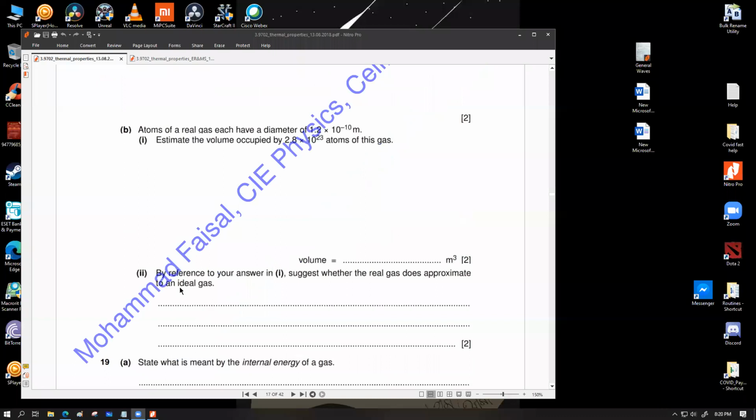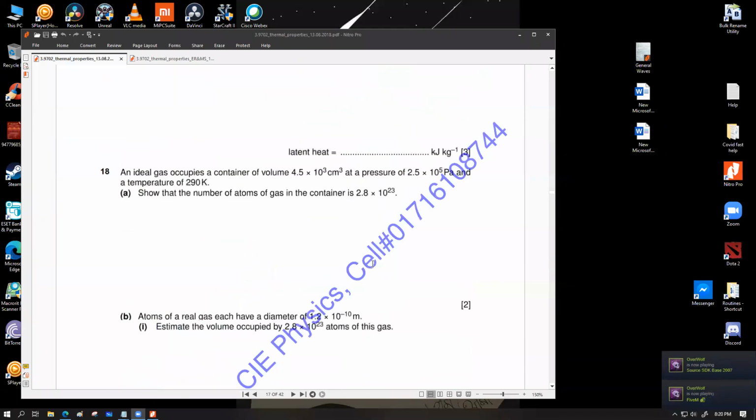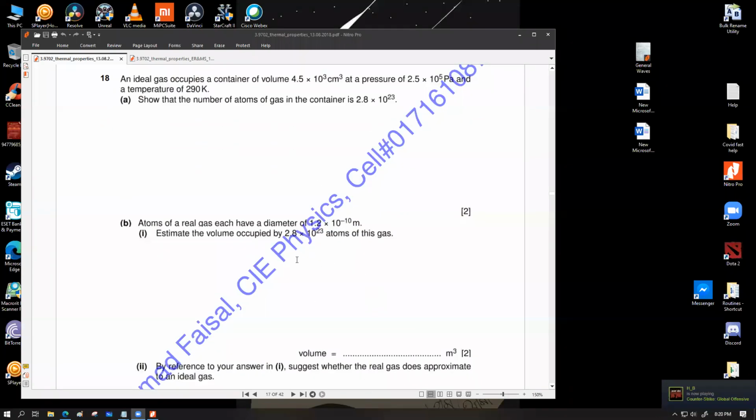Well, the concept that we're going to cover for this question is that we're going to find out this volume to be extremely small compared to the internal volume of the container. So the aspect that this calculation represents for the assumption of the ideal gas is that we consider that the particles occupy negligible volume inside the container.